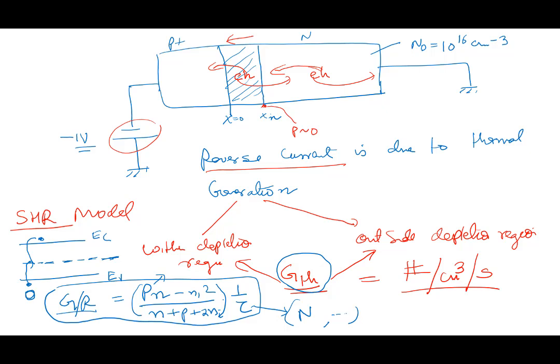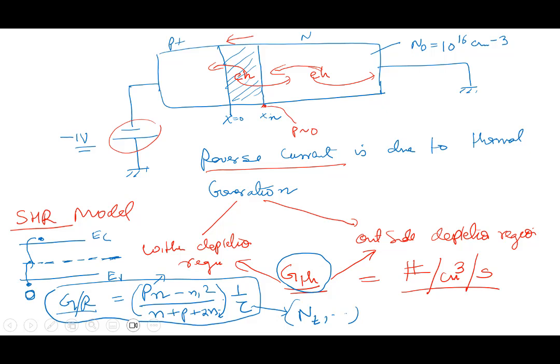Ni would be confusing, so I'm calling it a trap or recombination level, NT, plus other characteristics of the defect. So lifetime is totally controlled by the impurities and defects which are causing recombination. To understand the net generation or recombination rate, you have to look at pn minus ni square over n plus p plus 2ni, over 1 over tau.